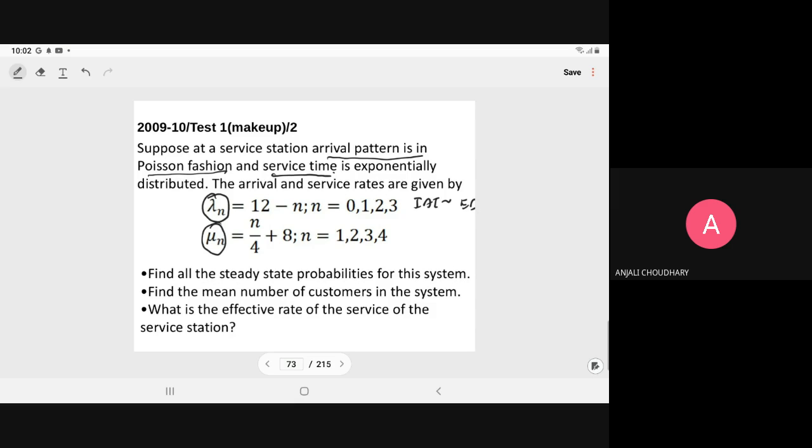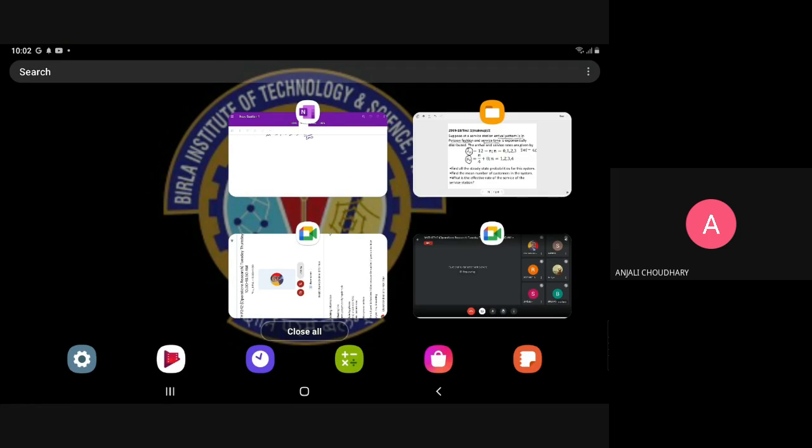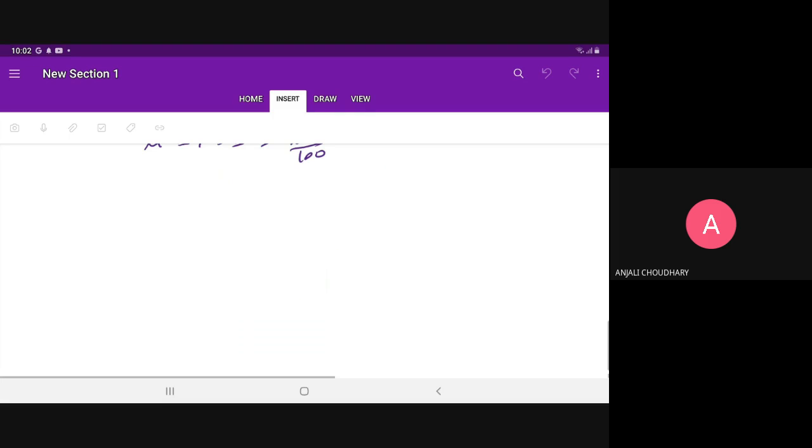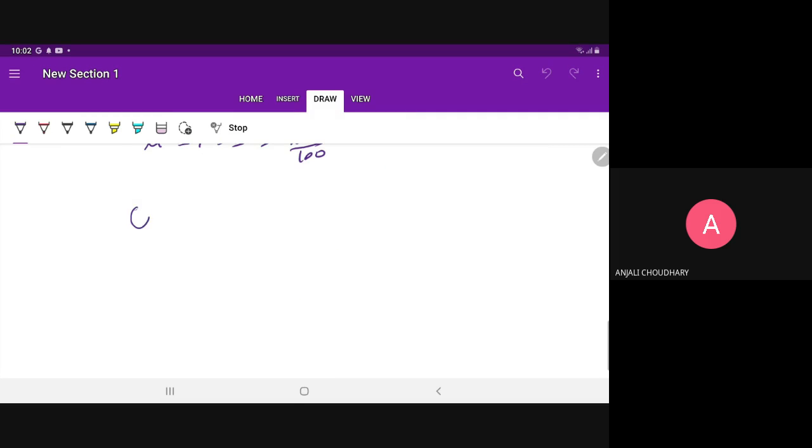Here we have the system. Initially there is no customer, zero customers. We denote the state by a node.